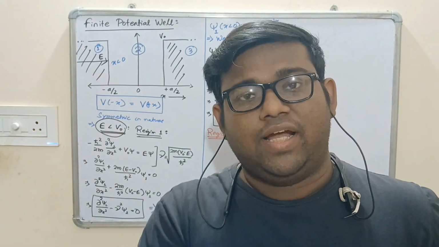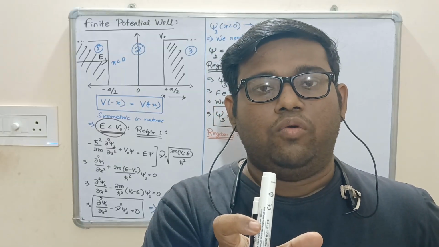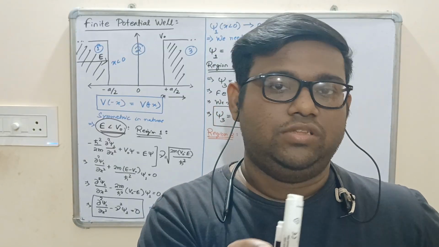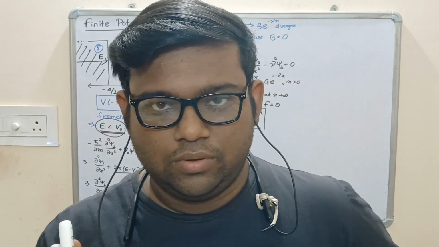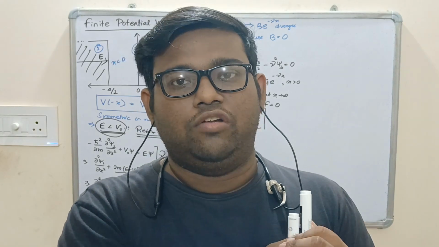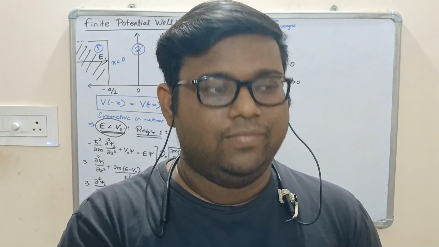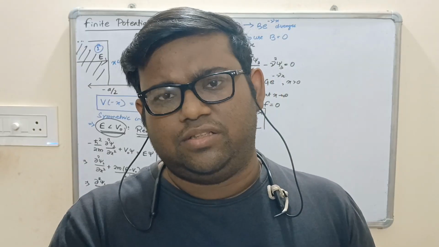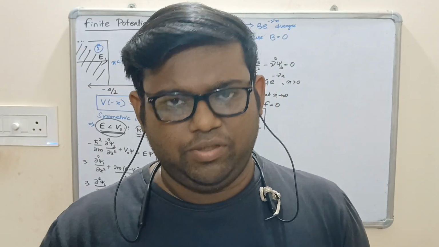To accommodate that fact, we use sine function and cosine function to solve it. Earlier, we used to solve it using exponentials. Here we use sine and cosine functions, and I think that's what solves it completely.